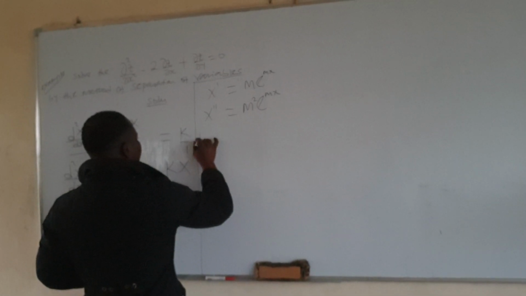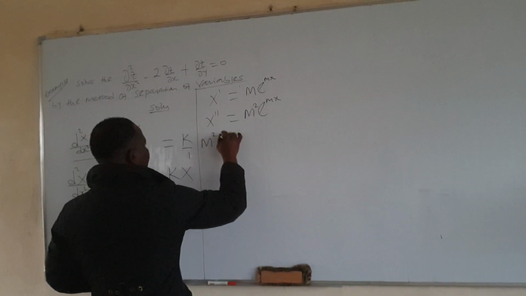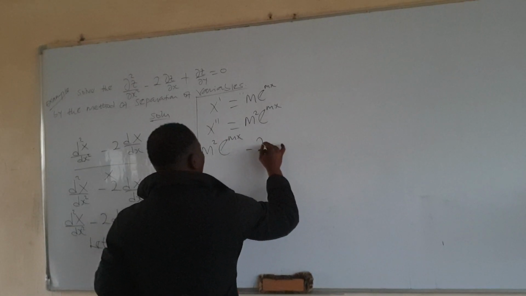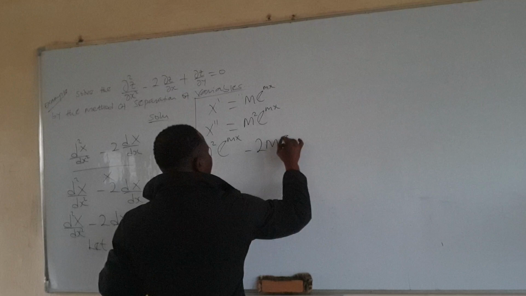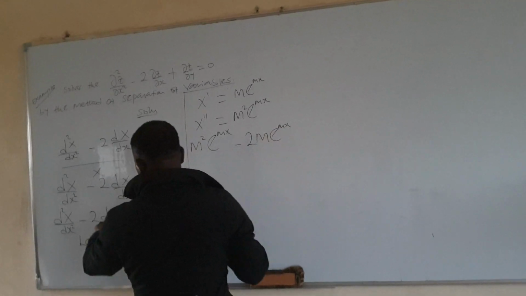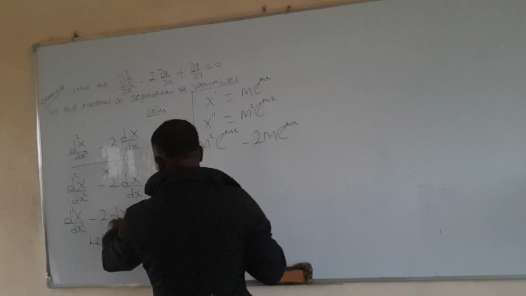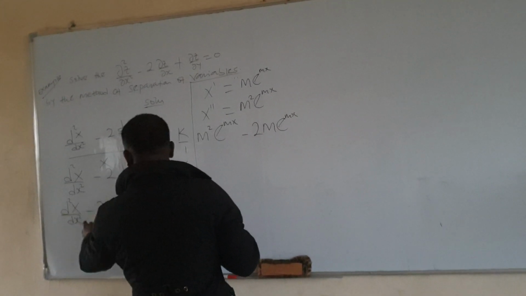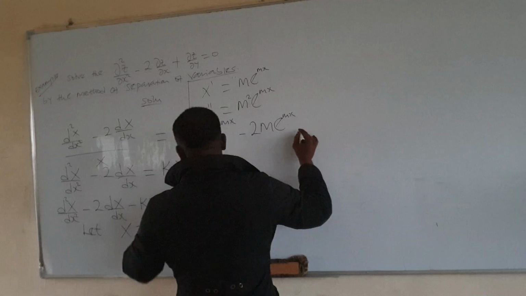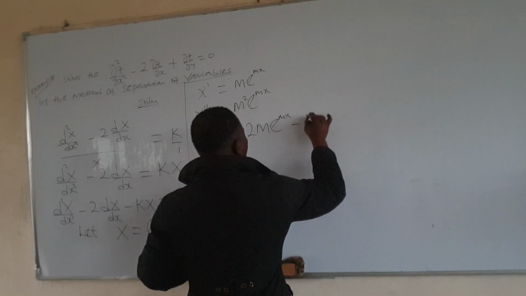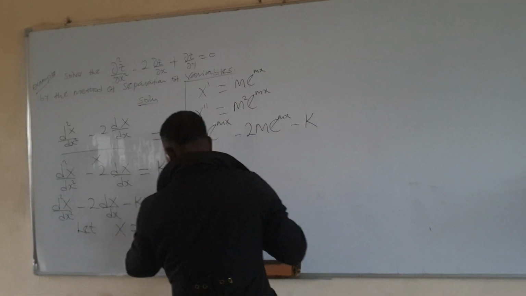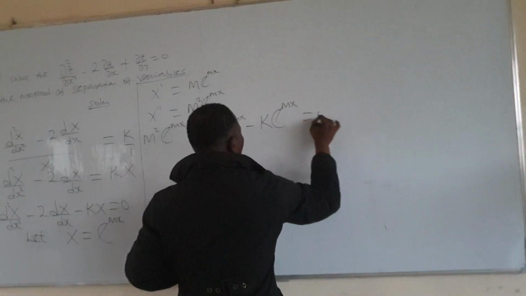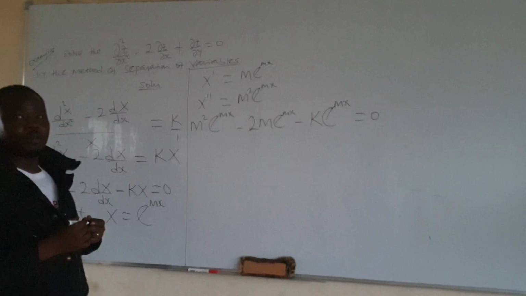So here will give us m squared exponential mx minus 2m exponential mx, because this is first order differential, we just differentiate it once. This one we differentiated twice. So minus our k, where we said let x equals to this, so k exponential mx equals to 0. Do you agree with me?